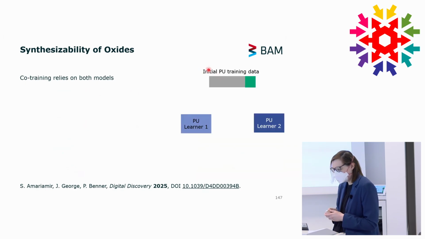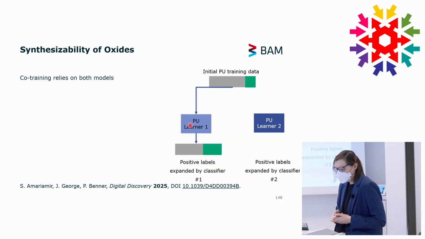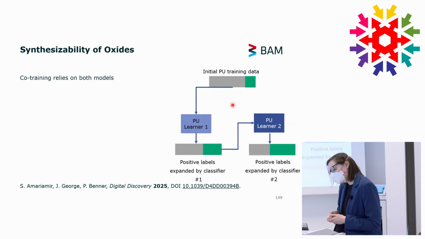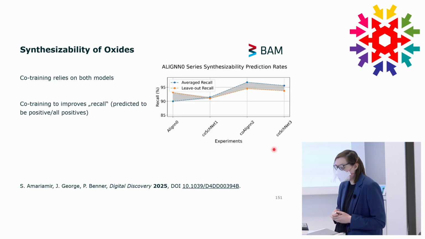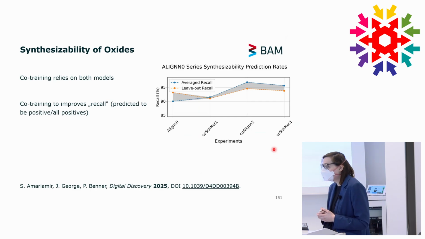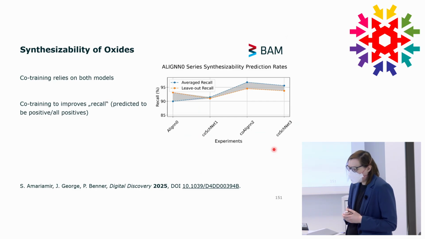You start with this initial PU training data set, put that into the first PU learner, and then based on the results from that PU learning approach, you extend the unknown labels by the positive ones predicted by this PU learner, and then this is the input to the next PU learning, and then you again extend the positive labels and so on.